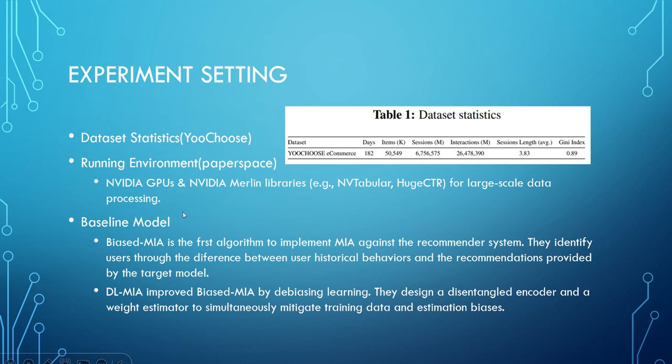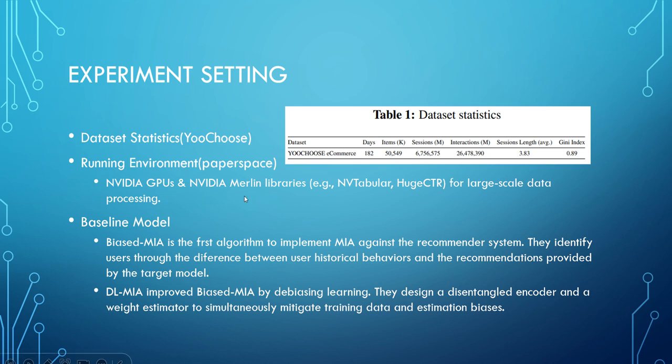I chose Paperspace as our environment because it's easy to install the remote cloud container, and the container works well with the NVIDIA GPU, so I can use the GPU to speed up.